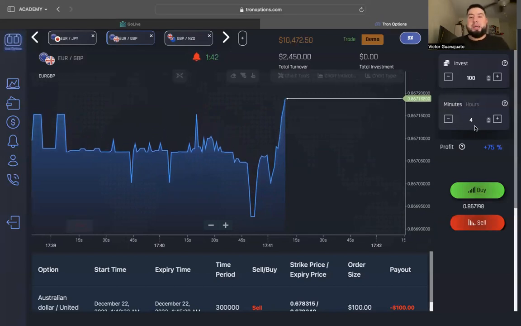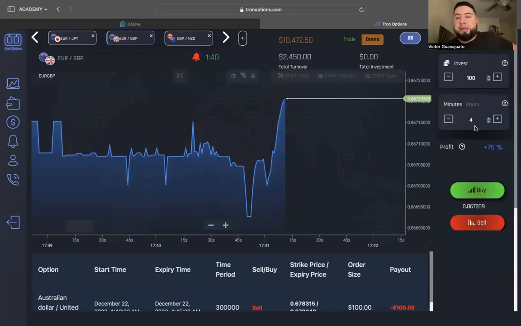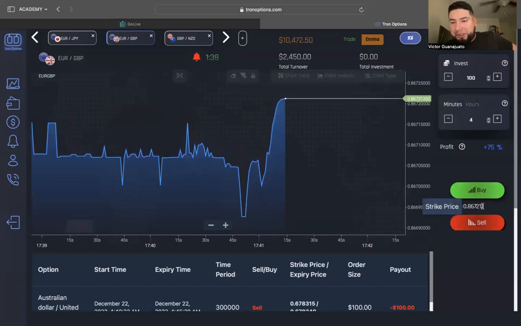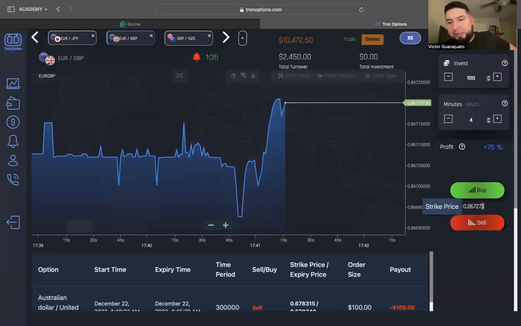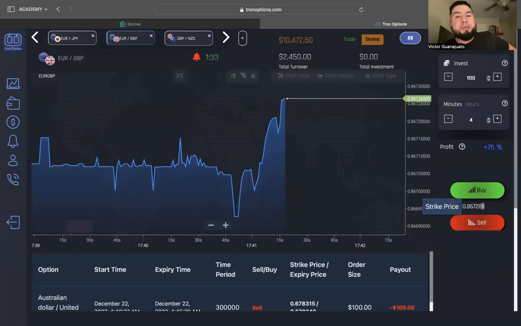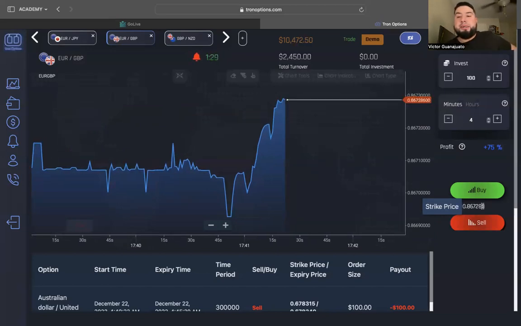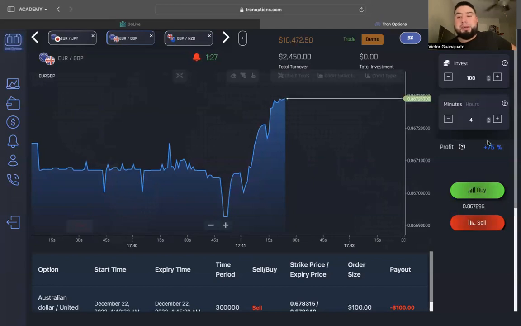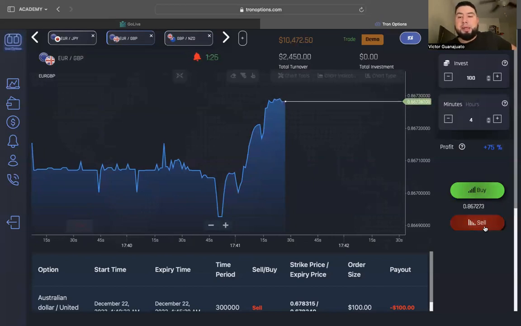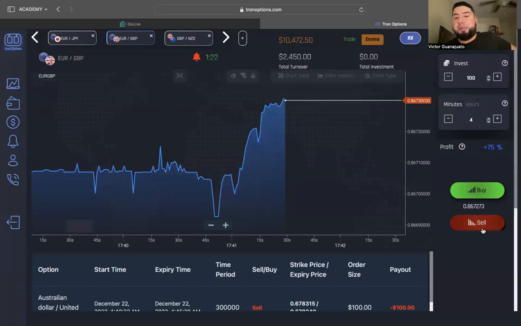They probably told me, hey, whenever the strike price, right now it's at 720, reaches 770, you're going to click the red button. And if I click the red button right now, is my operation going to last 5 minutes?